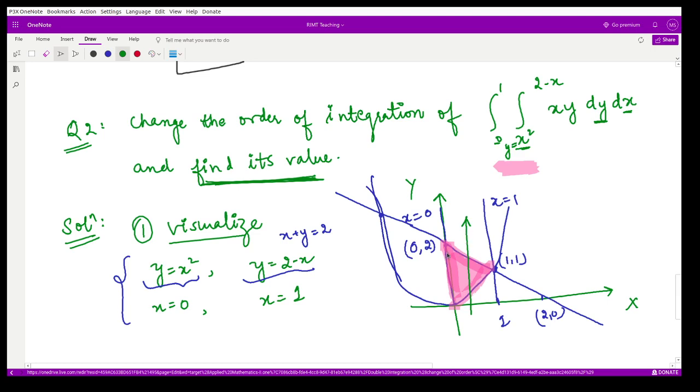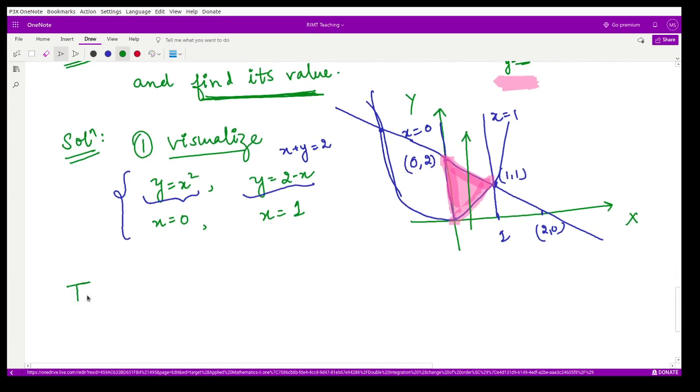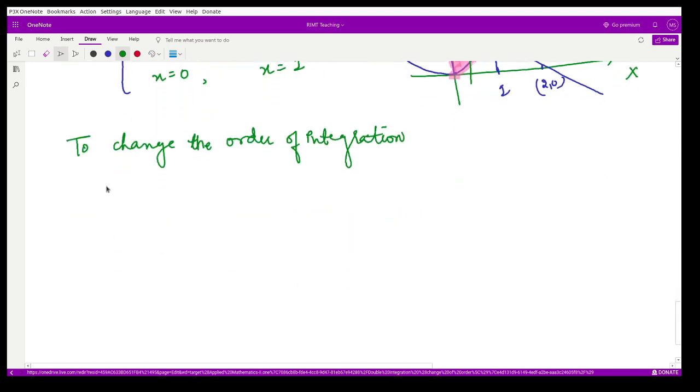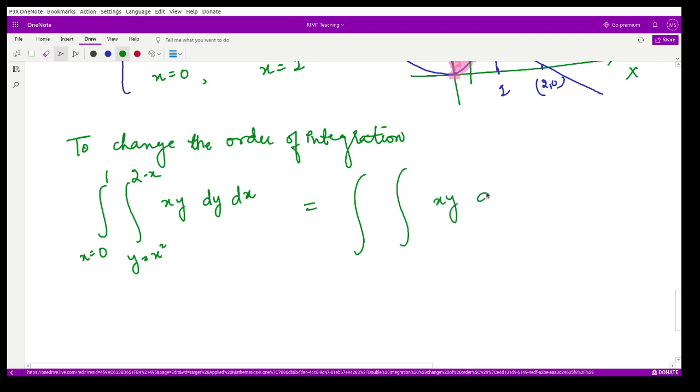Now instead of this vertical line, now because we are to change the order of integration, what we are to do, we are to convert this integral, which was given to be from 0 to 1, the values of x and the values of y, from x square to 2 minus x, xy dy dx, to another variable, to the opposite limits.